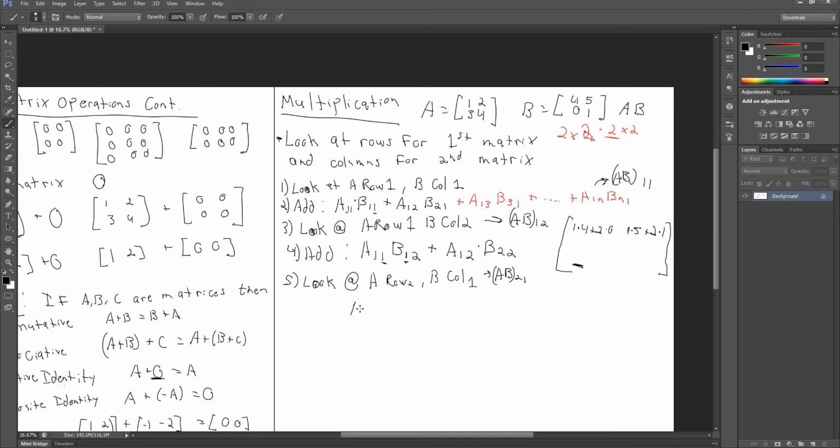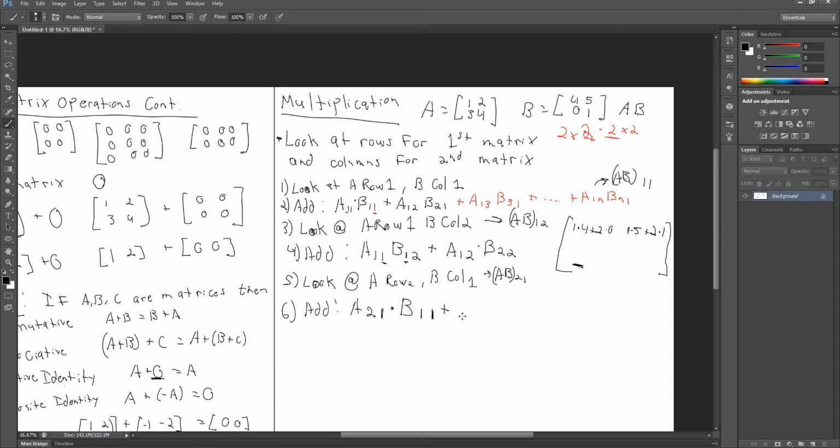So I'm going to have A, I'm in row 2, column 1, times B, column 1, sorry, row 1, column 1. My inside numbers still match up. So at first I'm looking at 3, that's row 2, column 1, and 4, which is row 1, column 1.